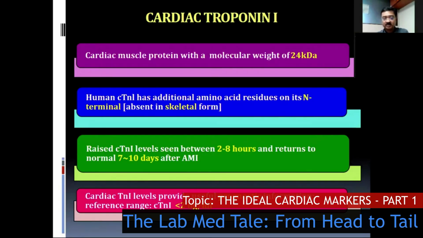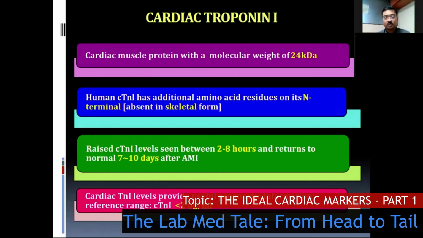But nowadays, the one identified as human cardiac troponin I has an amino acid residue on its N terminal, which is absent in skeletal form, and that made it very specific for cardiac muscle, and that is why the diagnostic importance has come up.